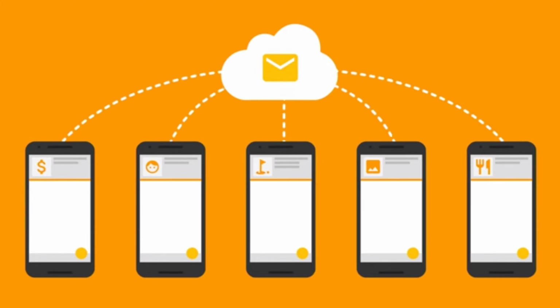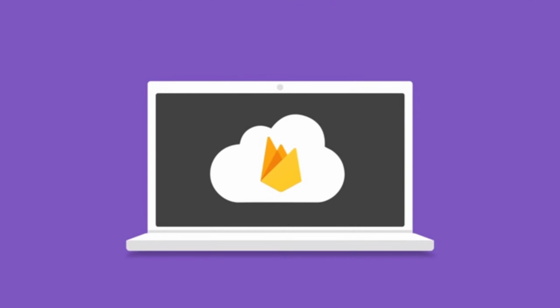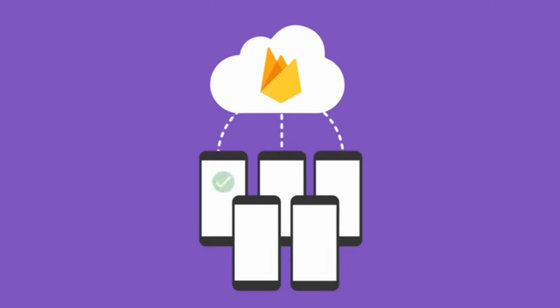Firebase makes sending messages to your users easy with Firebase Cloud Messaging. It's a free service that allows you to send messages to your users' apps across a variety of platforms. Messages can be addressed to single devices, groups of devices, or even topics. Building a notifications or messaging system with Firebase Cloud Messaging is easy. First, you register your user's app instance with the Firebase Cloud Messaging servers.